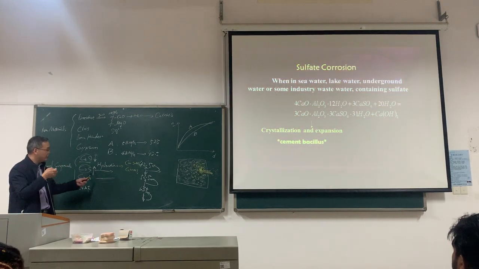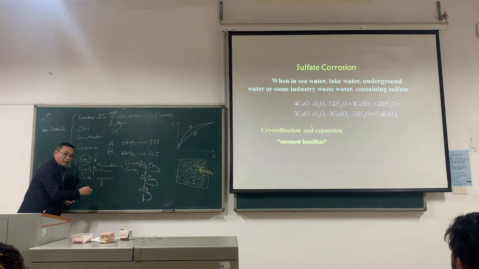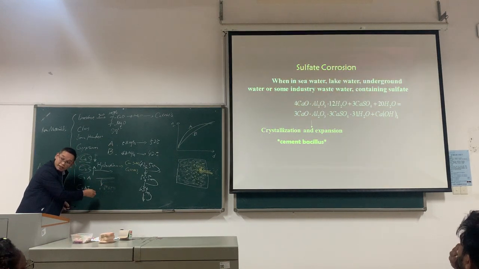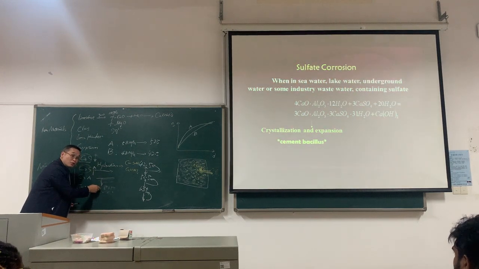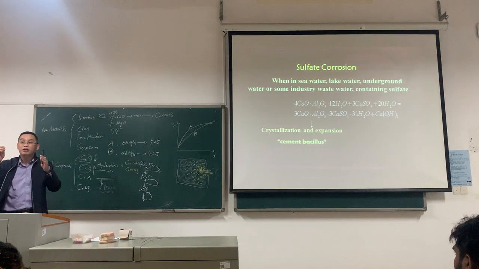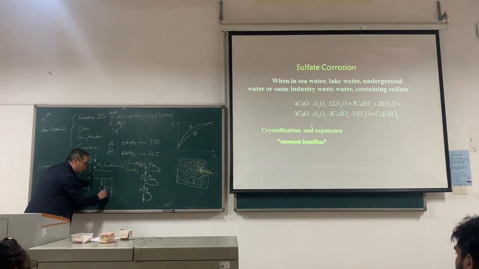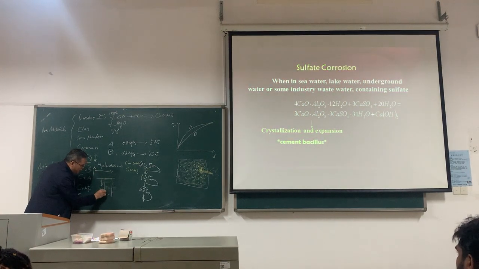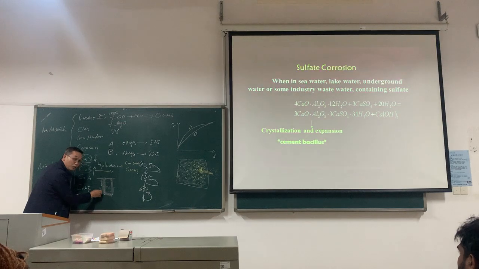This is the ground, and under the ground there is some water in it, underground water. Maybe if we dig a hole, and this is a concrete structure, this wall and this ground are concrete structures, but they will contact with the underground water.